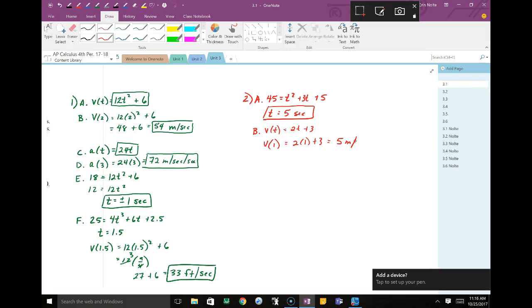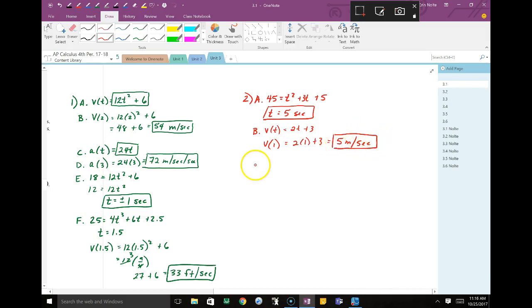Okay. Meters per second. What, Kirsten? Were you unconfused? Yeah, I did. Good, okay. How fast is the balloon rising at time 4? Okay. So plug 4 in. So 8 plus 3 is 11.